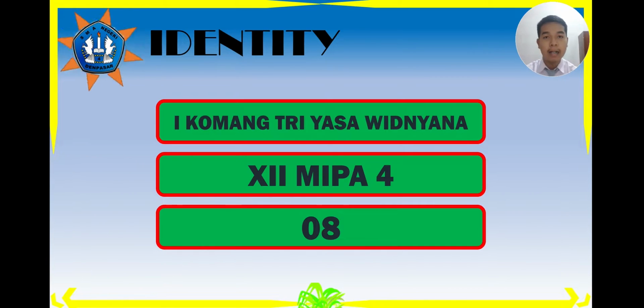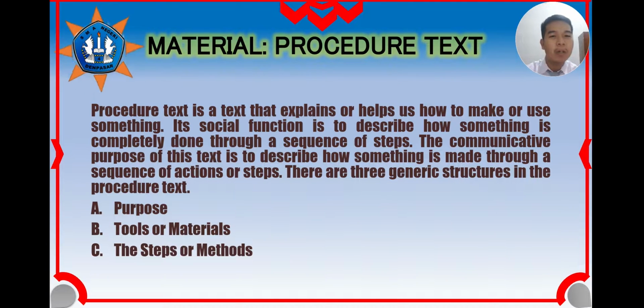So how to protect, we use procedure text. What is procedure text? Procedure text is a text that explains or helps us how to make or use something. Its social function is to describe how something is completely done through a sequence of steps.